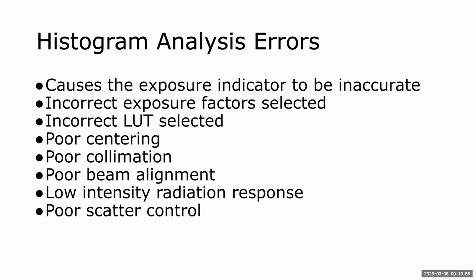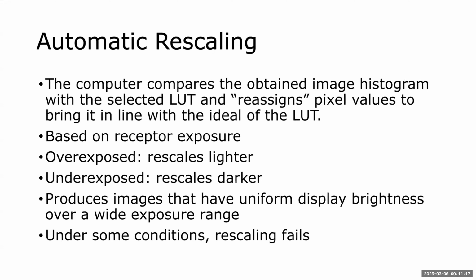Or if you have poor scatter controls, or a whole lot of scatter reaching your IR, whether because you didn't collimate, or should have used a grid, or didn't use your lead blocker on a lateral lumbar or sacrum coccyx, or maybe your kVp was too high. All of those things can cause issues there.